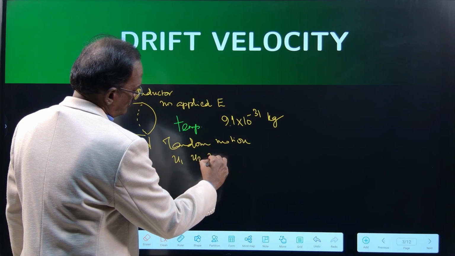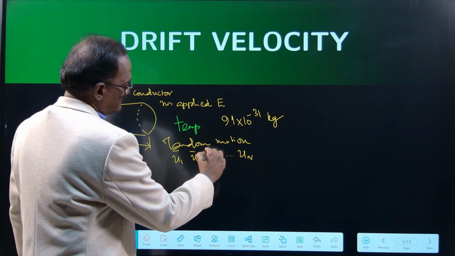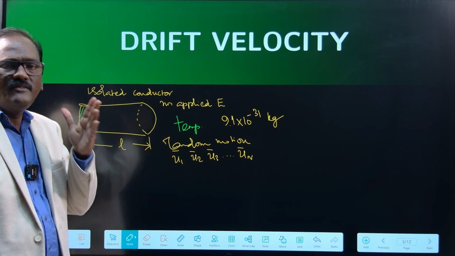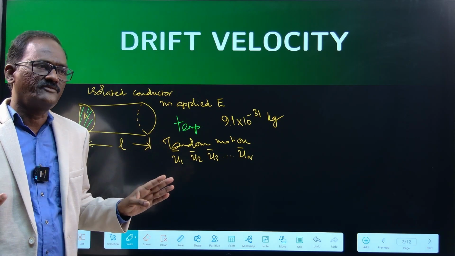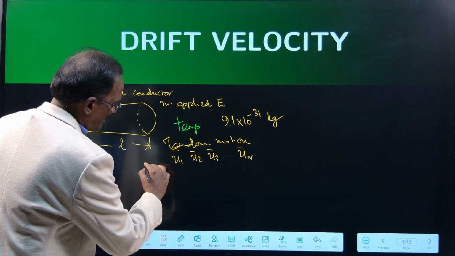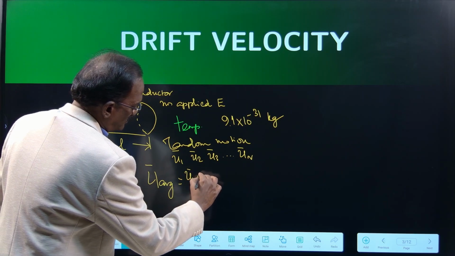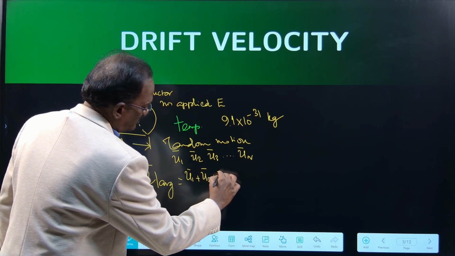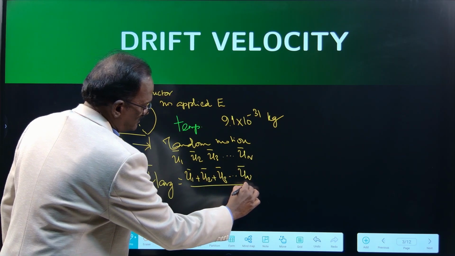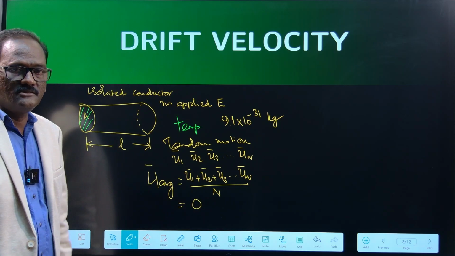u1, u2, u3 up to un. These are thermal velocities. If I put together all the free electrons and take the average value, I will get 0 as the answer. (u1 + u2 + u3 + ... + un)/n. This will be 0. Average velocity is 0.